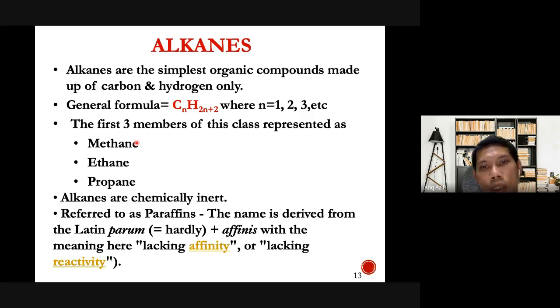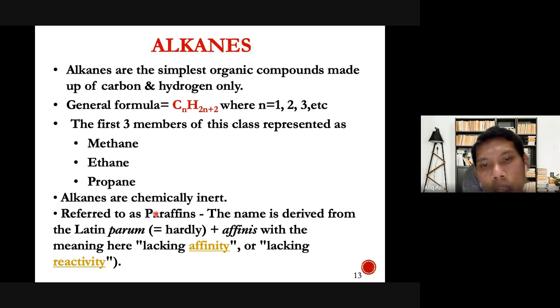So the first three members of this class are represented by methane, ethane, propane, while the fourth is butane. Alkanes are chemically inert, meaning that they do not readily react. If you mix it with another organic compound or reagent, there won't be any reaction unless there is a specific condition for the reaction.